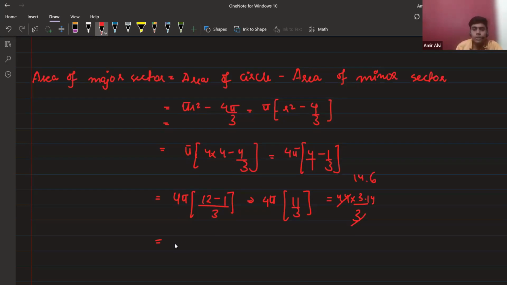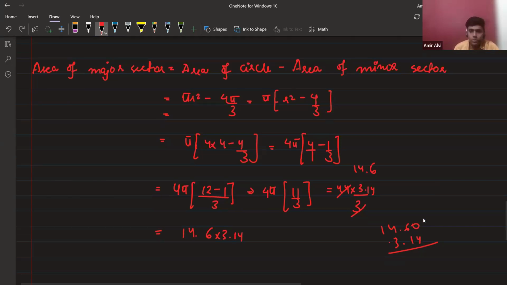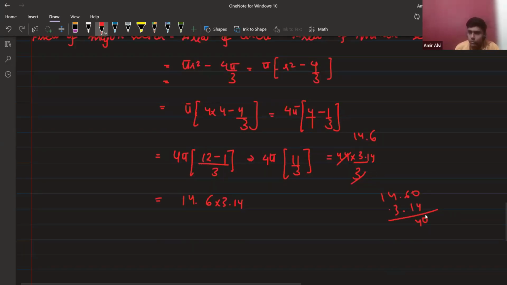So divide this, 14.6 something. So it is 14.6 into 3.14. Just a second. Do one thing: remove the decimals right there. So it's 146 and 314.